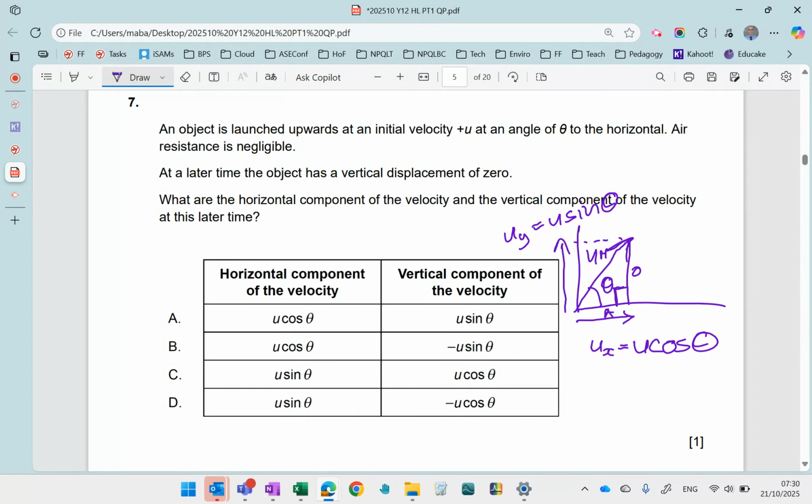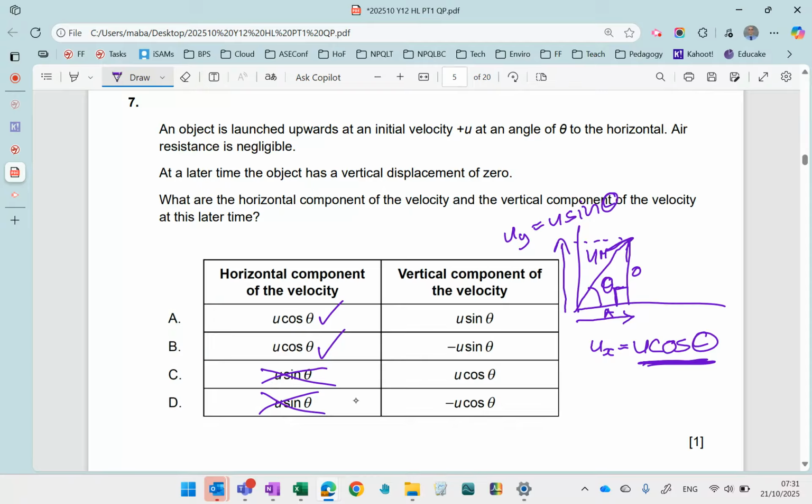Our horizontal component is going to be unaffected. Why? Because air resistance is 0, so the object will neither accelerate nor decelerate. So at the beginning it's U cos theta, and at the end it's U cos theta. So straight away we can get rid of C and D as potential answers.